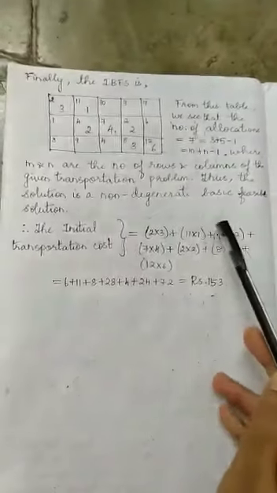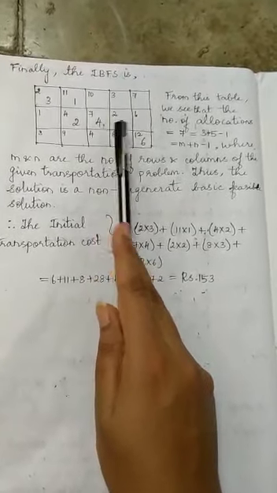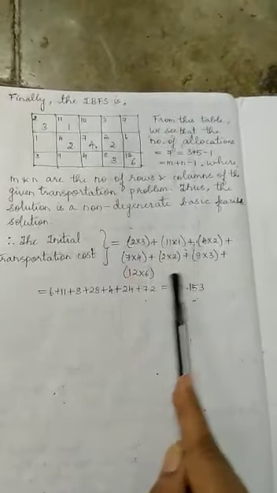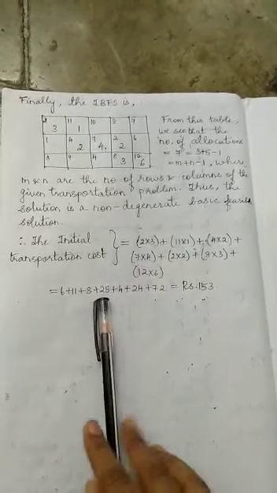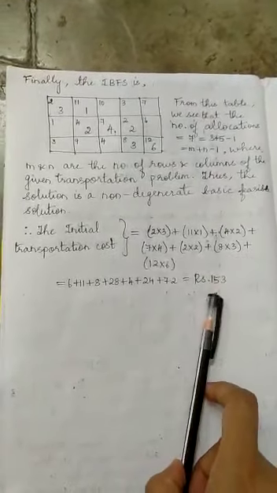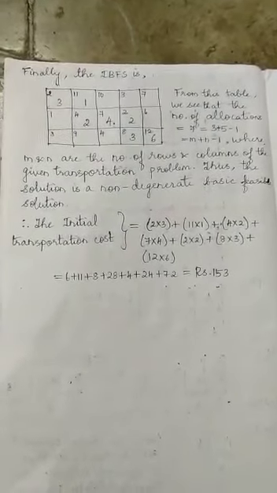The next one is 7 into 4, then 2 into 2, then 8 into 3 and finally 12 into 6. So we are adding up all the values and finally we have got the value 153. So this is going to be the initial transportation cost of the given transportation problem.